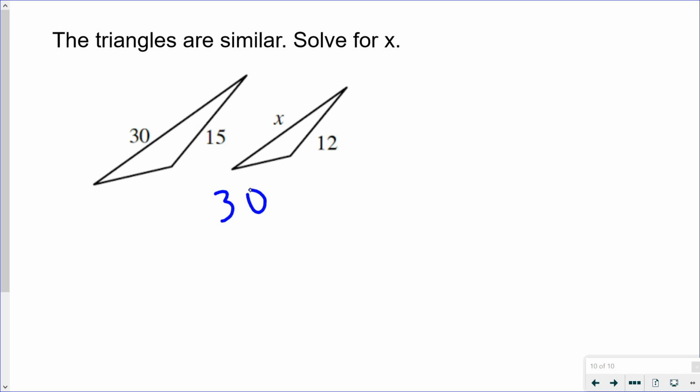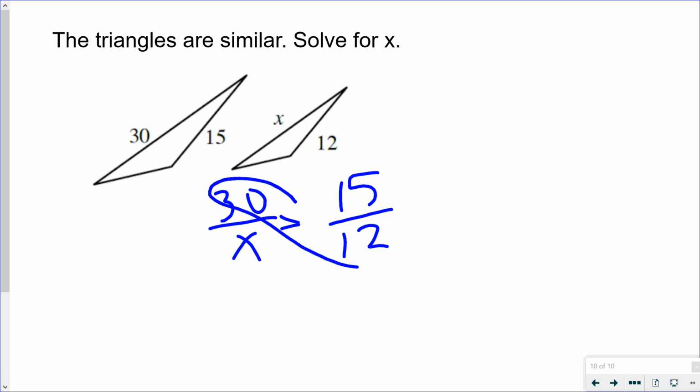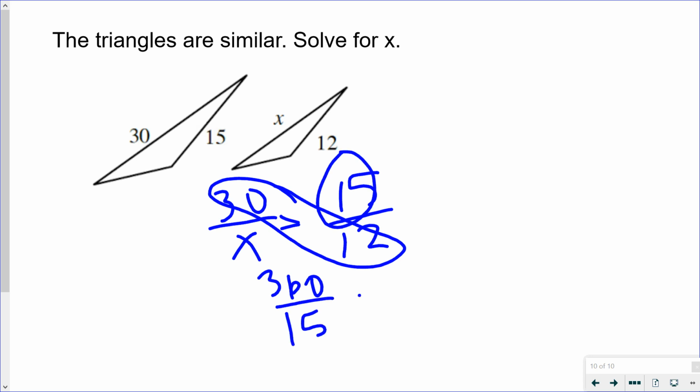So 30 is to x as 15 is to 12. Circle the bat. 30 times 12 is 360. Divide by the ball, which is 15. And 360 divided by 15 is 24. So x is equal to 24.